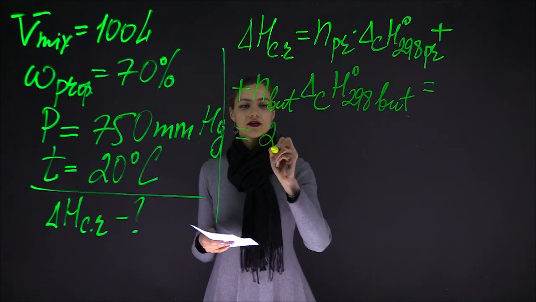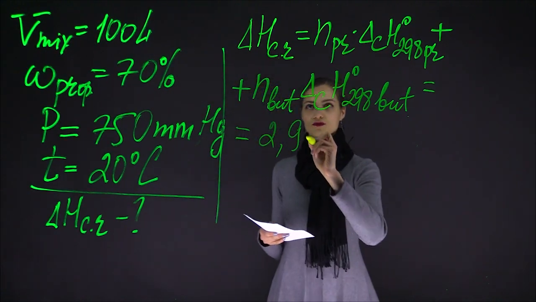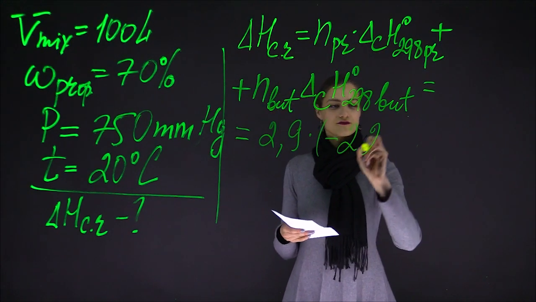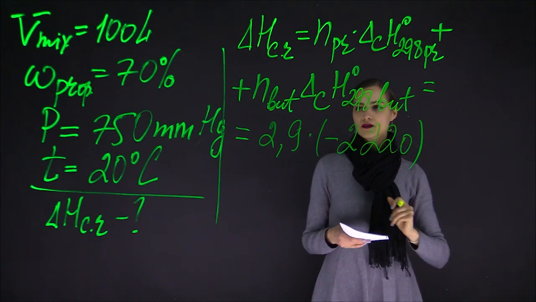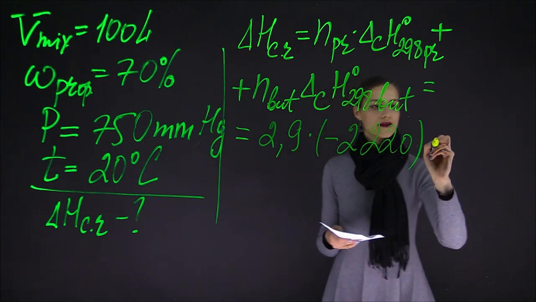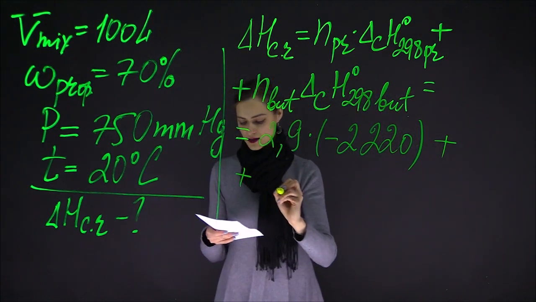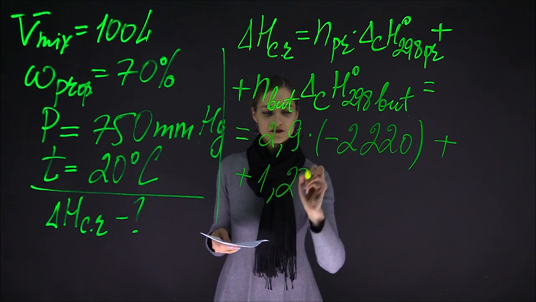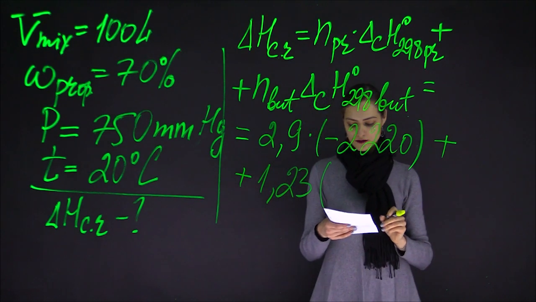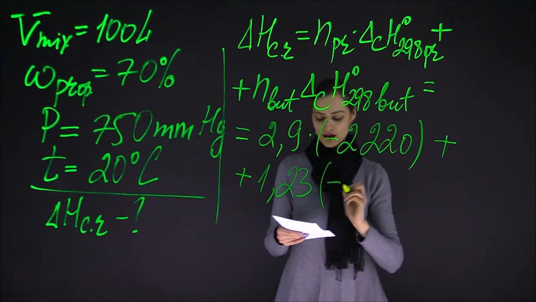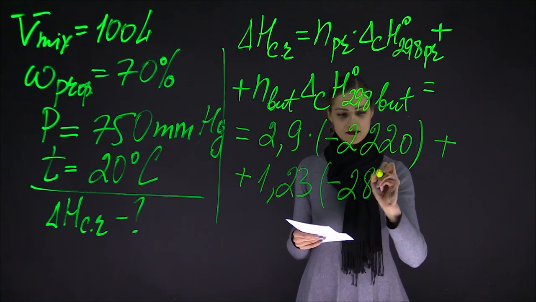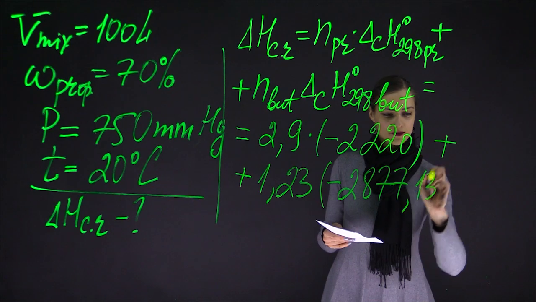And what we have: 2.9 moles for propane, multiplied by minus 2,220 kilojoules per 1 mole, the standard heat of combustion for propane, and the sum of 1.23 moles for butane and the standard heat of combustion for this gas, minus 2,877.13.